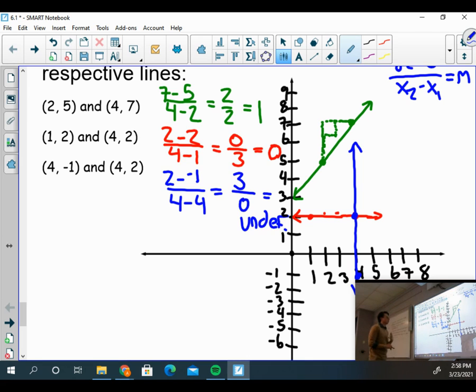But that resulted in division by 0, which again produces undefined. So for any graph with an undefined slope, or if you run into a slope that is something divided by 0, it will not be a function. And an undefined slope produces a vertical line.